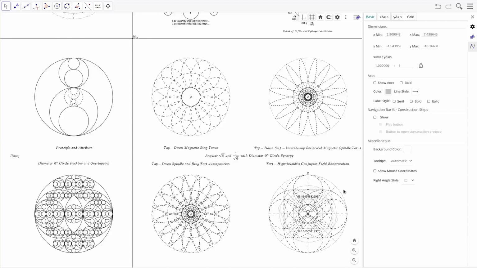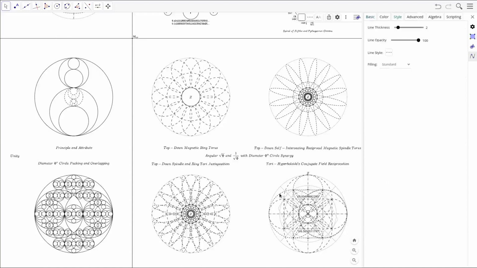It's this geometry over here. And why do I have things like this in this circle here is because it has the inverse hyperboloidal geometry to the magnetic ring and spindle tori. So for this, the inverse of the spindle torus is the hyperboloid.